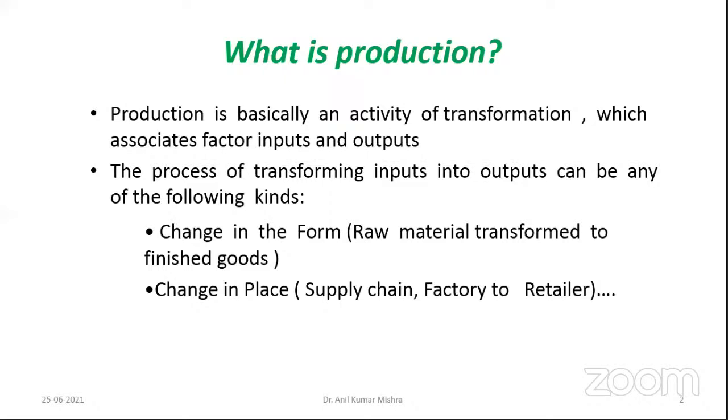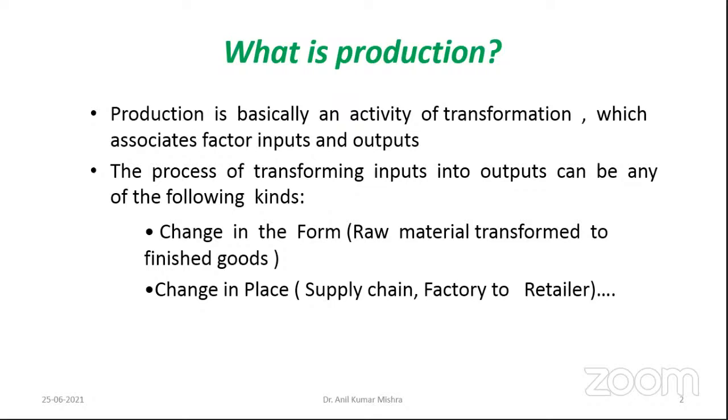Then the PC is checked to be perfect. That means the inputs are allotted, assembling takes place, and then the output is obtained. Again, it is the transformation of raw material to the finished product. The finished product is the output and the raw materials are your input factors.